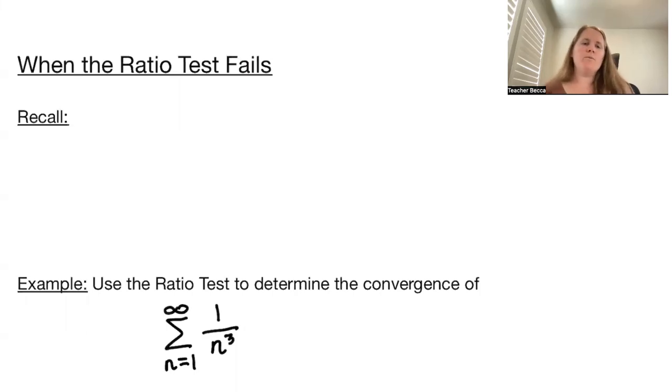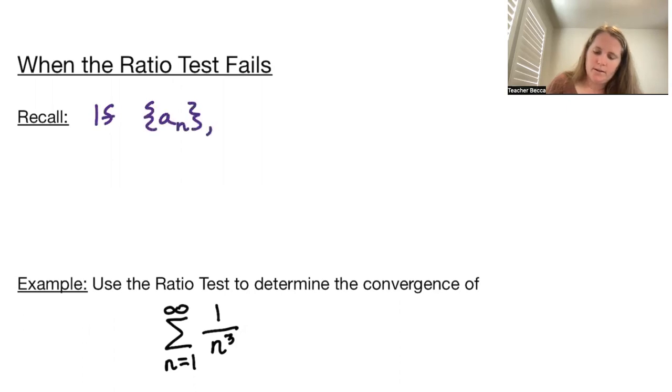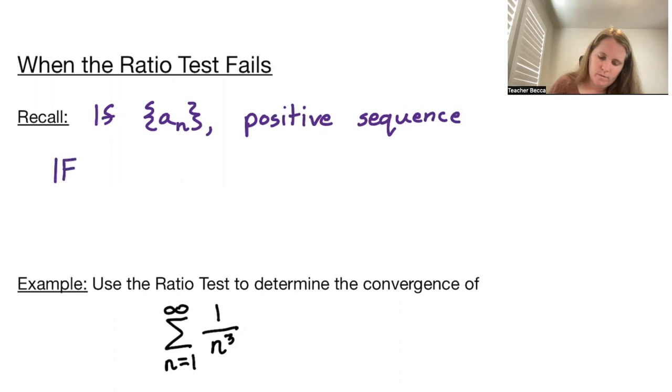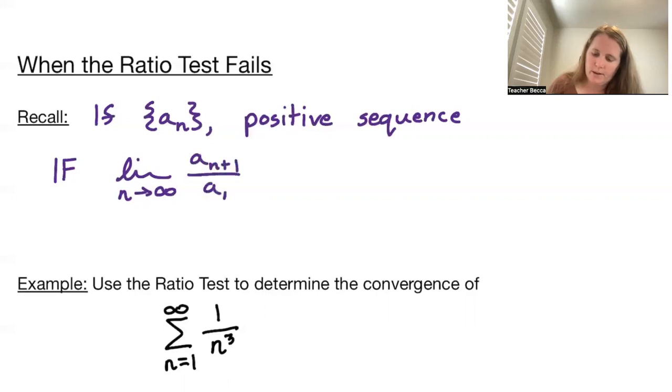Welcome to when the ratio test fails. So recall, if we have a sub n, a positive sequence, if the limit as n goes to infinity of a sub n plus 1 over a sub n equals 1, then the ratio test tells us nothing.